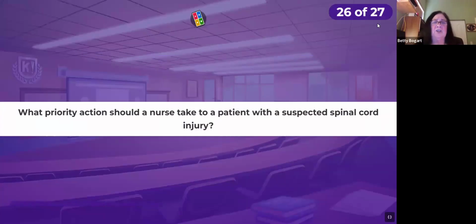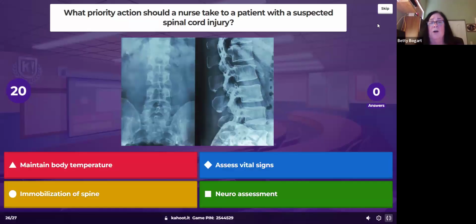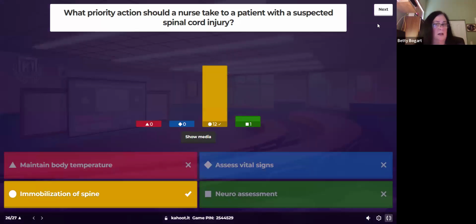What priority action should a nurse take for a patient with a suspected spinal cord injury? What's our goal with a spinal cord injury? We don't want them to have any further damage, right? So how do we do that? It's all about immobilizing that spine.